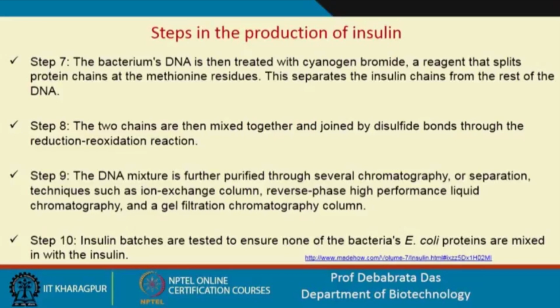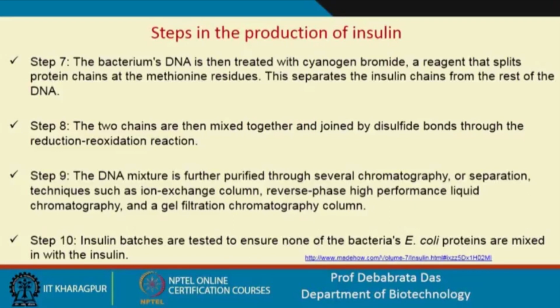The two chains then mix together and join through disulfide bonds through a reduction and reoxidation process, and the mixture is further purified through several chromatography or separation techniques such as ion exchange column, reverse phase high performance liquid chromatography, and gel filtration chromatography.